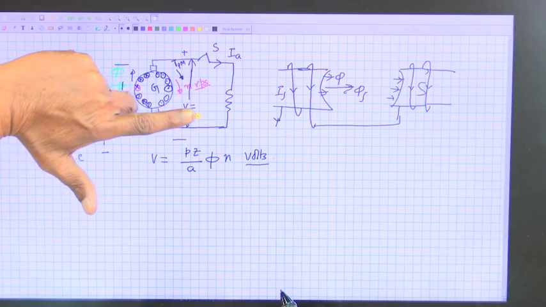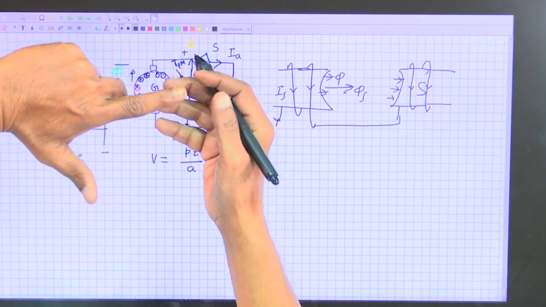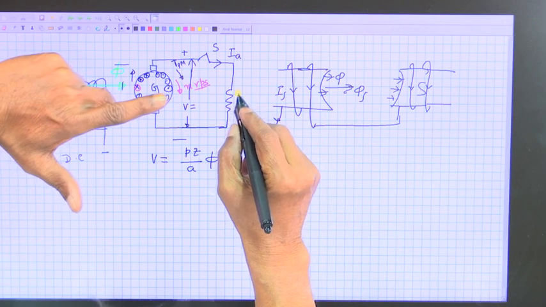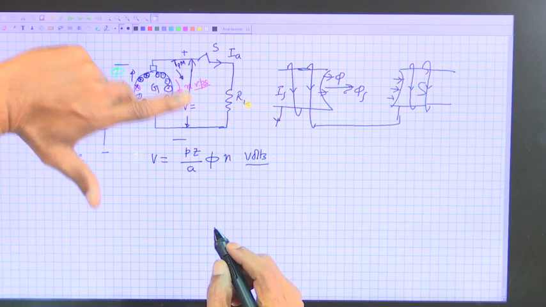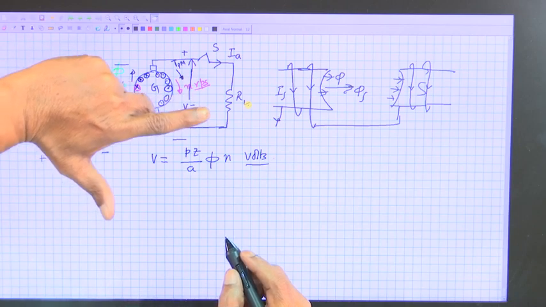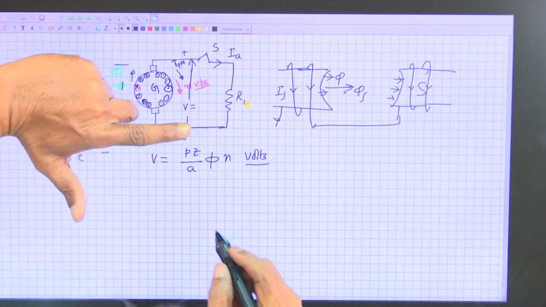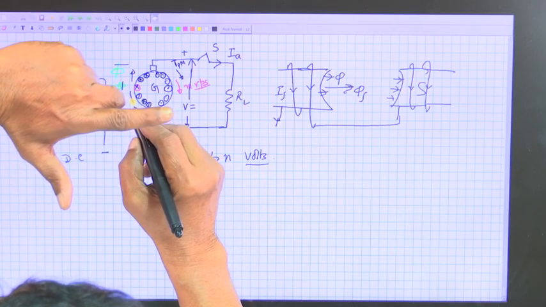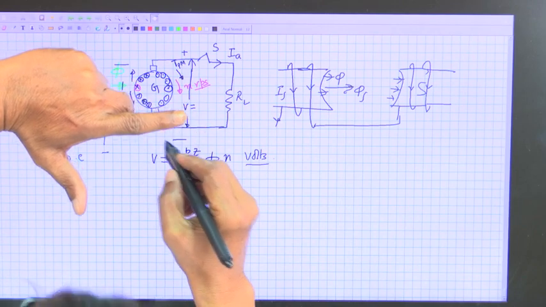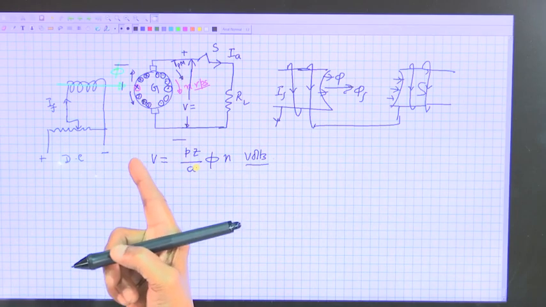Now, the moment you try to extract power from the armature of the DC machine, with R L the load resistance, current will appear, and the conductors will be carrying current in the same direction as the induced voltage. Apply the left hand rule to see that these sides will experience a force in the opposite direction of the prime mover torque.